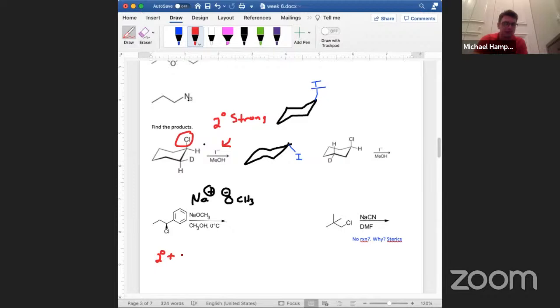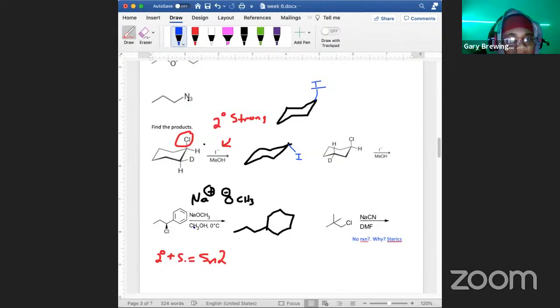So secondary and strong gives us what again? SN2 reaction. So everything is the same. We're just changing what? Only one thing changes. What is it? The chlorine. Yep, that chlorine gets replaced with that OCH3, not the position of where the Cl was, but the stereochemistry.